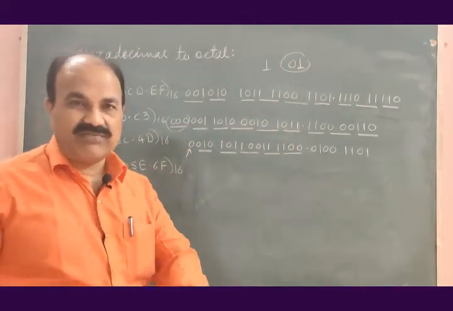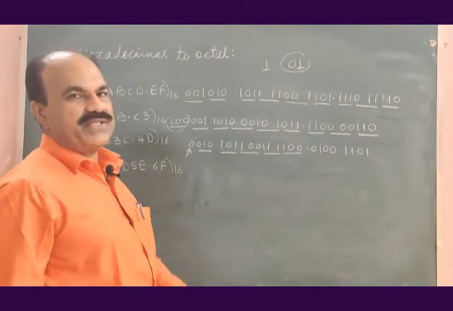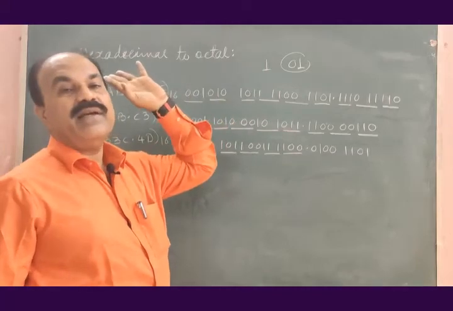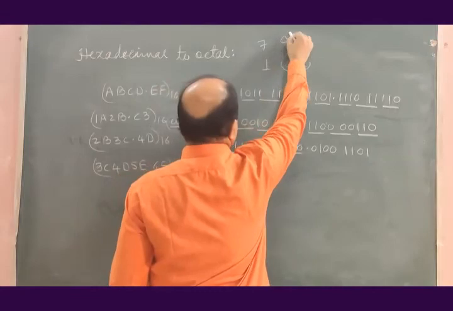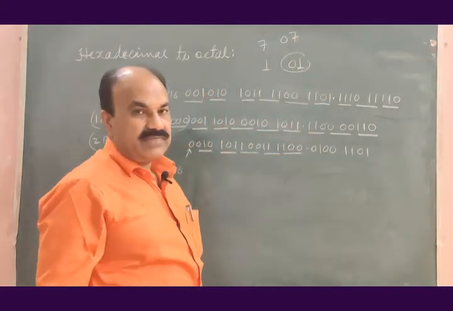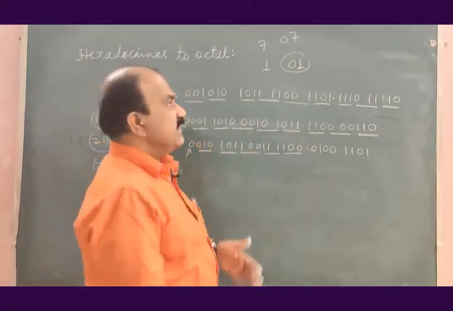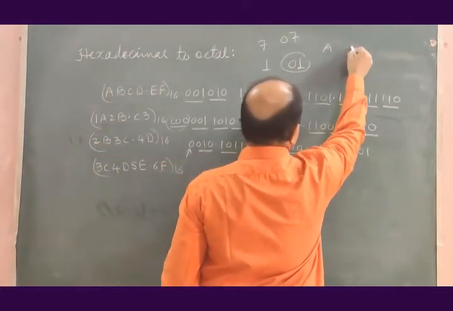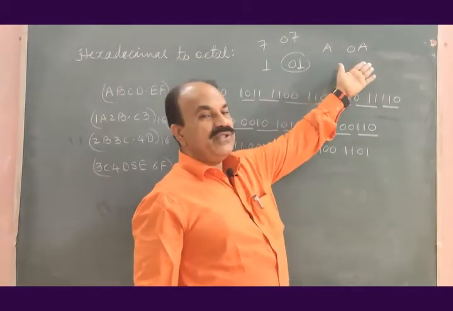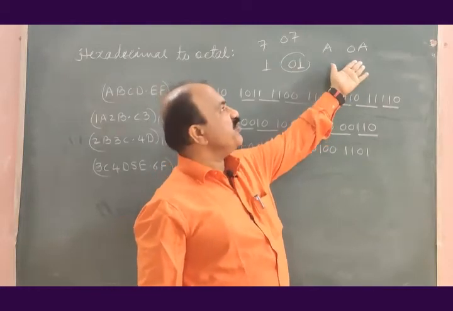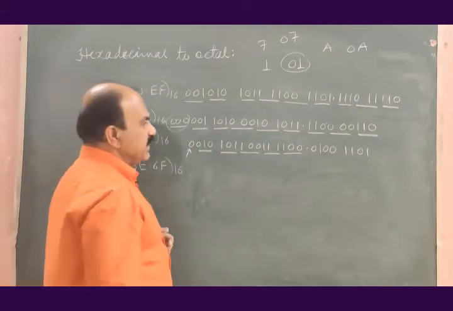Similarly, it is true for any number system. Writing 7 and 07 in octal is the same thing, so just write 7. Writing A in hex is similar to writing 0A, the values are the same, so just write A. So let me ignore this 0.